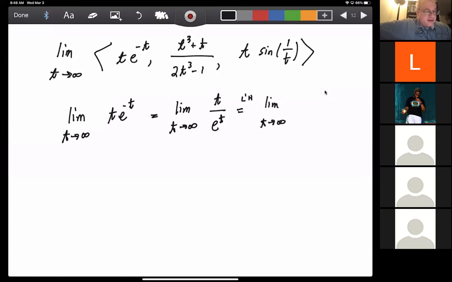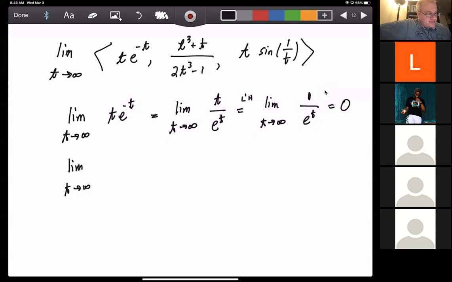So we differentiate the top and the bottom. We get 1 on the top, e to the t back on the bottom. So what's the value of the limit? 0. Top is just 1. The bottom is growing without bound, so the ratio goes to 0.